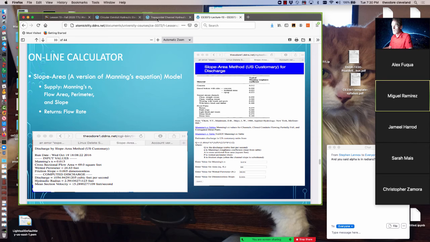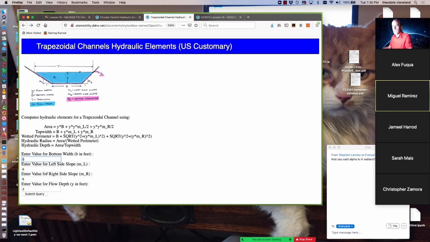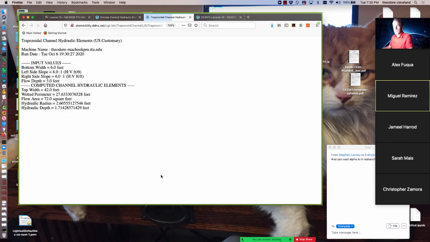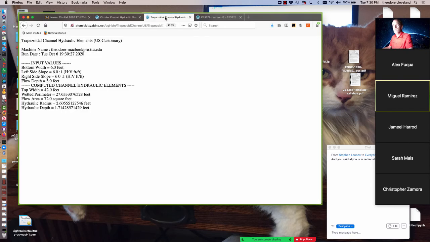So let me go ahead and use the trapezoidal channel. Well, we'll use this one anyway.